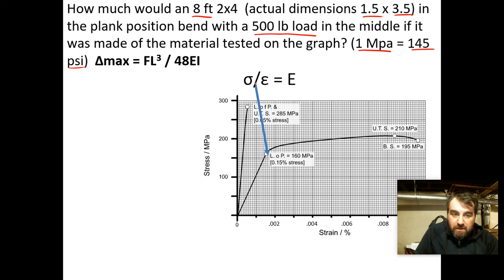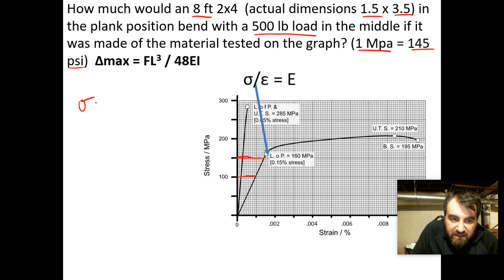So here's our material right here. And we go and we find a spot on the graph in this straight line area, right? So we got that straight line area right here and we find any spot. I know this is weird. I'm going to say 100. So 100 megapascals stress.